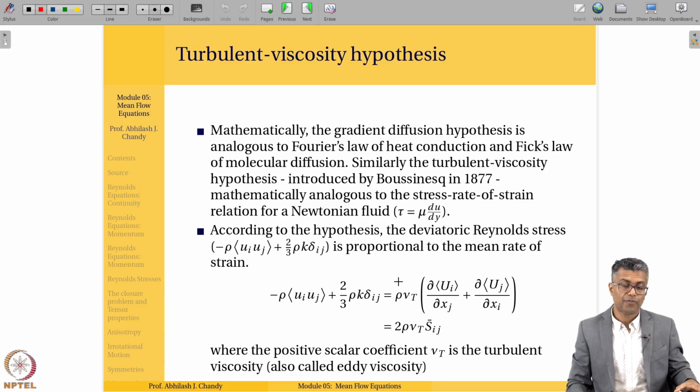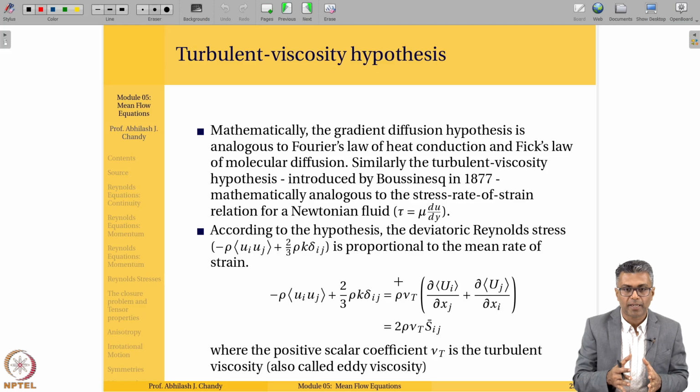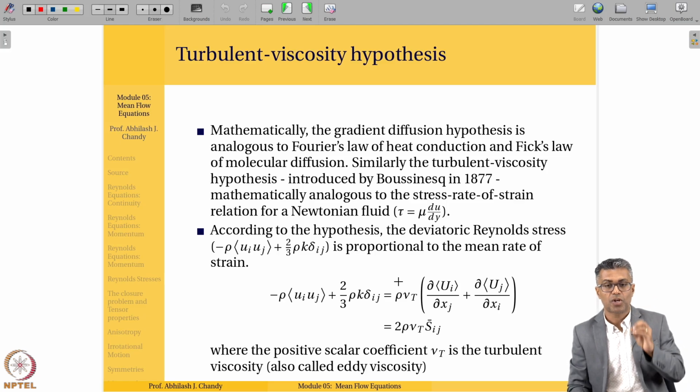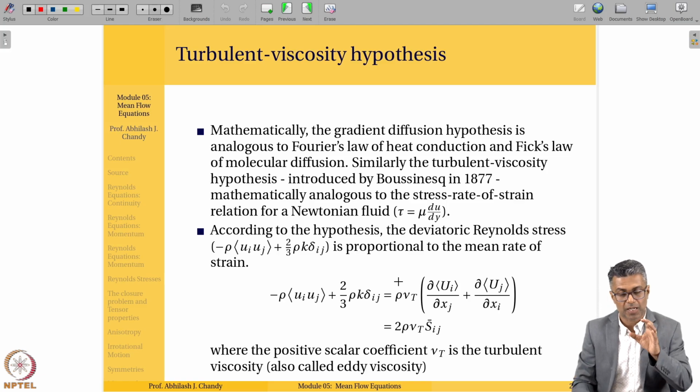So we had the gradient diffusion hypothesis for the scalar equation. Now we are going to apply it, take the turbulent viscosity hypothesis. Again, the basis of a lot of turbulence models. This was introduced by Boussinesq, and we discussed this when we were discussing the history of turbulence. This was introduced by Boussinesq in 1877.